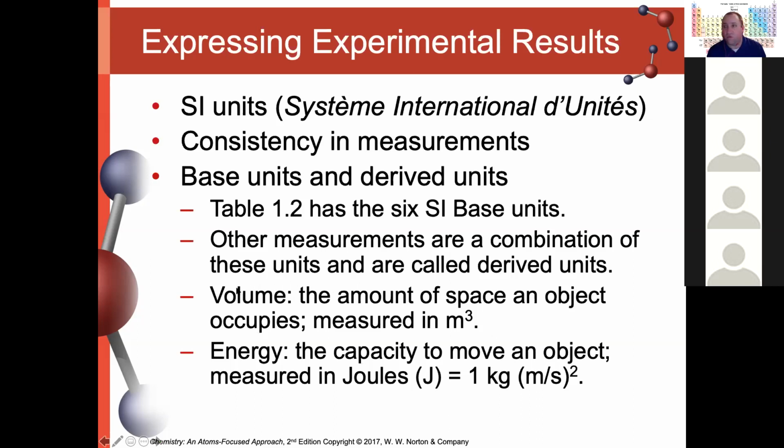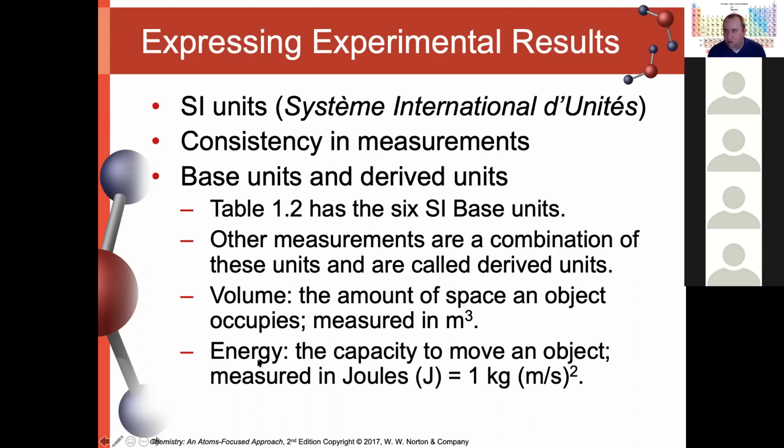We can build volume out of other base units. So the base unit in this case is distance, which is meters. And if I take distance times distance times distance and get a cubic measurement of distance, I would get a volume. And so for that reason, we cannot consider volume a base unit. It is a derived unit under the SI system.